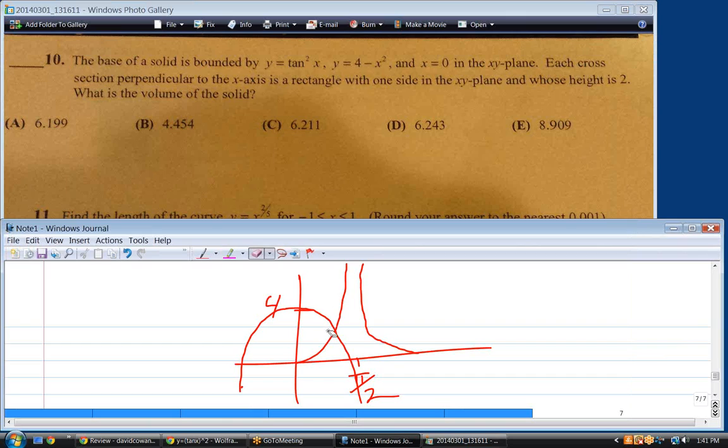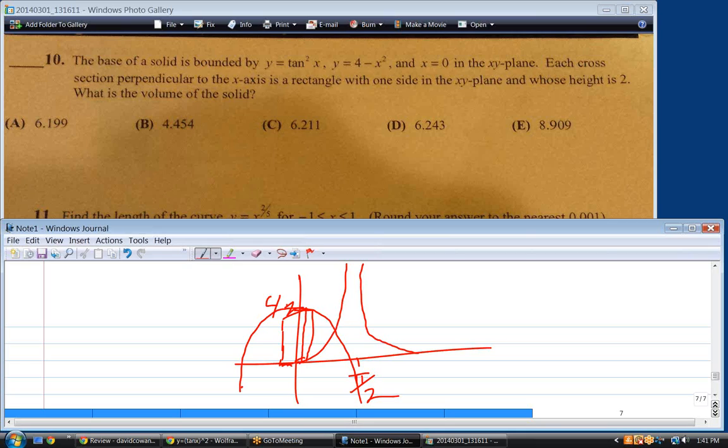So it's a rectangle perpendicular to the x-axis. So we're looking at rectangles like this that come out from the board at a height of 2. I'm not a very good artist, but you can kind of get an idea there.